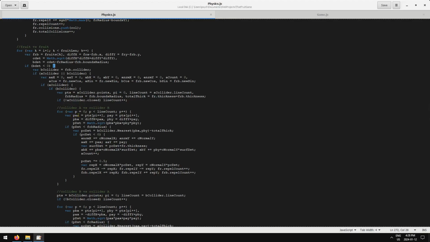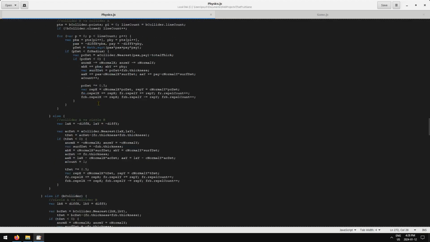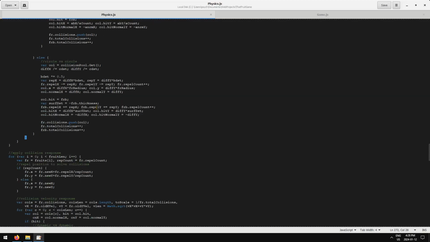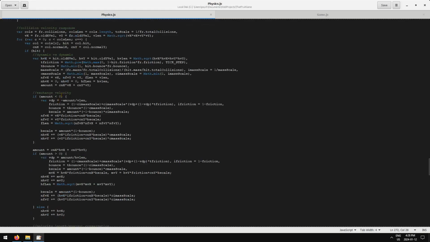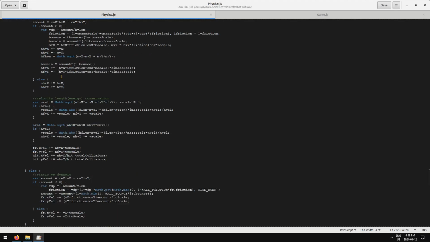And for the collisions, we need the points relative to both the main fruit and the fruit that was hit. So we're going to need to do both rotations. But that's all doable, and we're going to do that first, and then finally we're going to add in angular velocity, which I don't think is going to be that hard.